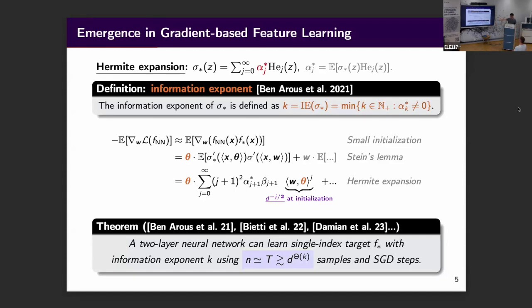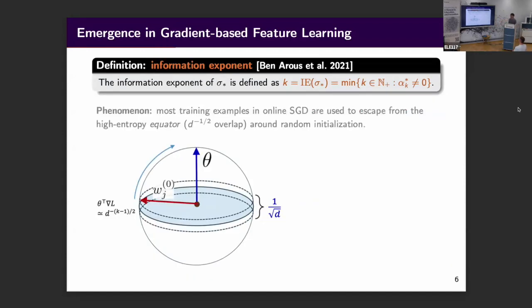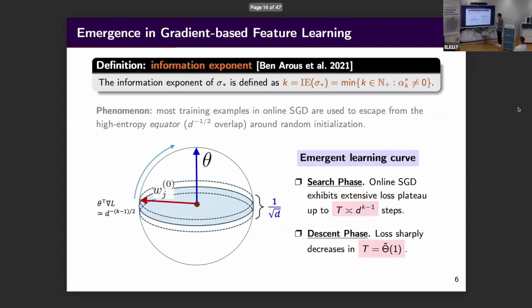What's more interesting than the sample complexity is the behavior of the risk curve. If you plot the loss of your SGD iterates, most of the samples, or most of the optimization time, is going to be spent around this equator, where you're not aligning with the true direction theta.